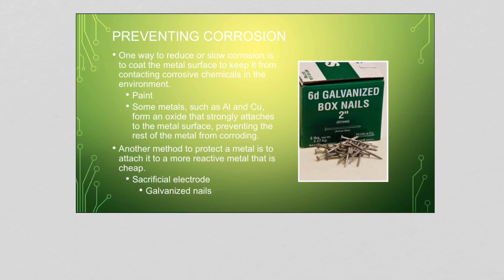Now, another way that we can do it may also give us a surface protection, but also gives us an electrochemical protection. This is called using a sacrificial electrode, or more specifically, a sacrificial anode.